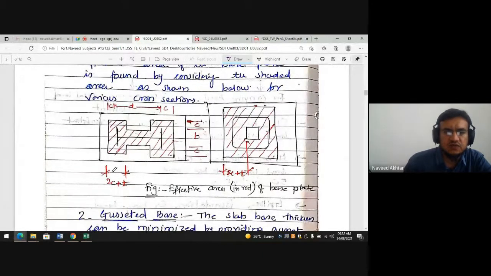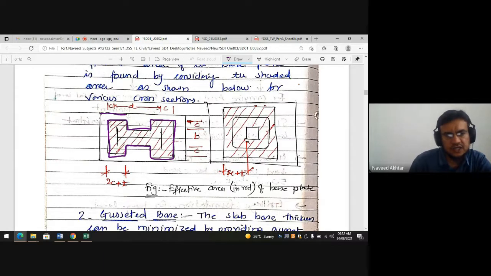If you look at our IS code, this shaded area is nothing but the effective area. These are the effective areas, which experience more stress due to the column load. But we are providing a larger area, this outer area.